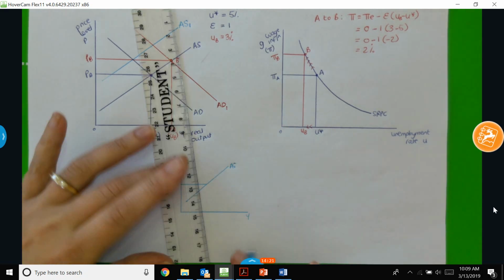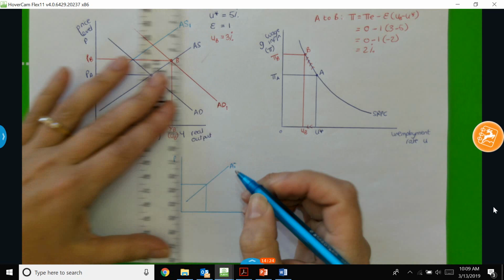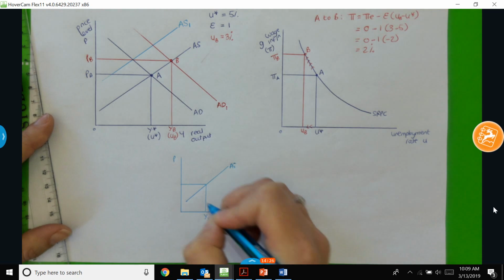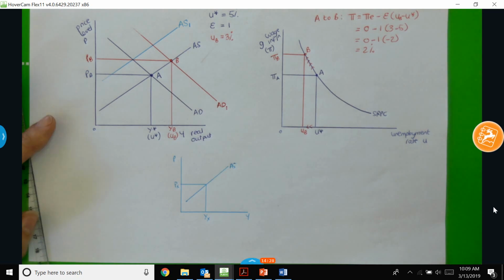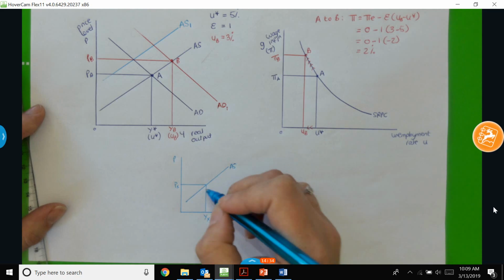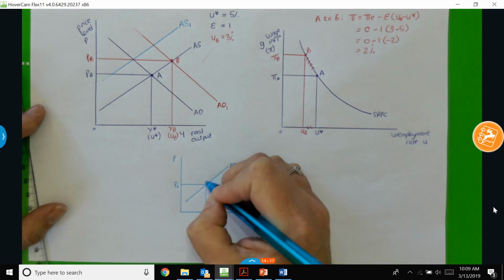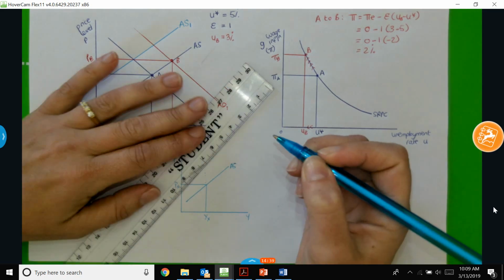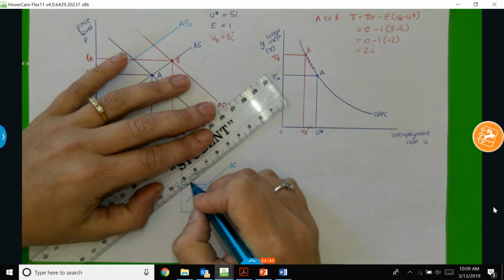If firms were producing an amount of output, YX, at a price of PX, that would be given their existing costs of production. If their costs of production rise, they would still be able to produce YX, but only if they charged a higher price for it.